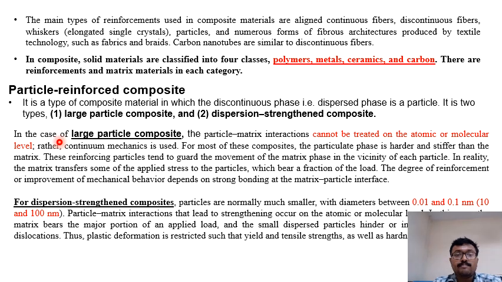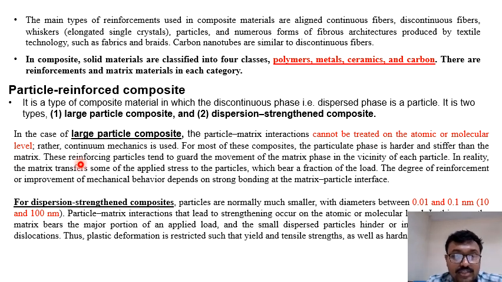In the case of a large particle composite, the particle-matrix interaction cannot be treated on the atomic or molecular level. Rather, continuum mechanics is used. In most of these composites, the particulate phase is harder and stiffer than the matrix.